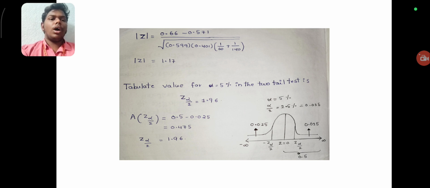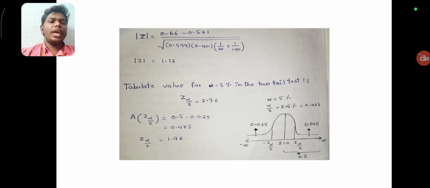The tabulated value for alpha, that is 5% in a two-tail test, is Z alpha by 2. Here alpha equals 5%, alpha by 2 equals 2.5%, that is 0.025. It is a two-tail test problem, so we are dividing it into 0.025 and 0.025. We draw the normal distribution curve and calculate this level of significance.